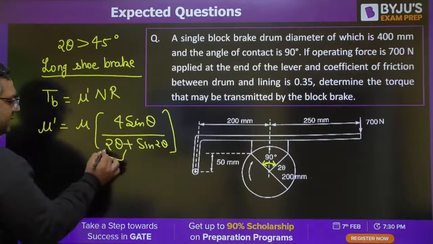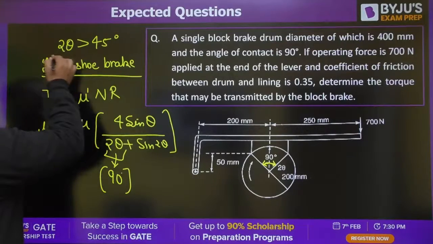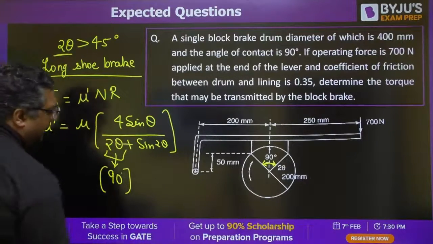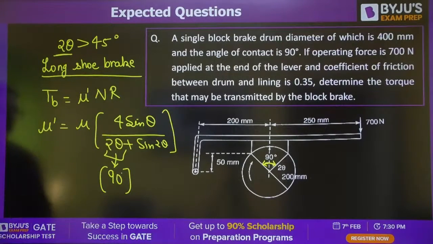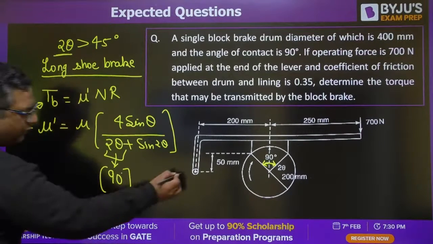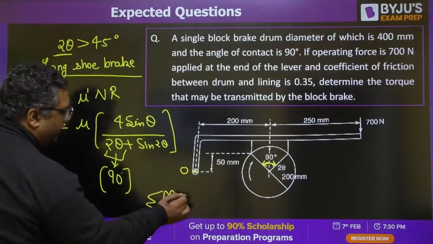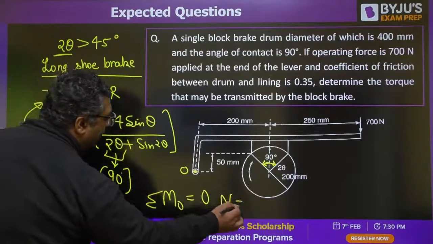And this 2 theta is 90 degree only, because this is 2 theta. So take care of that. Put this value and you can find this. You also need to take moment about this point to be 0. Summation of moment about O to be 0 will give you the value of N.